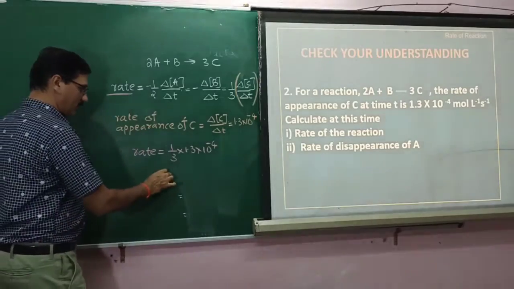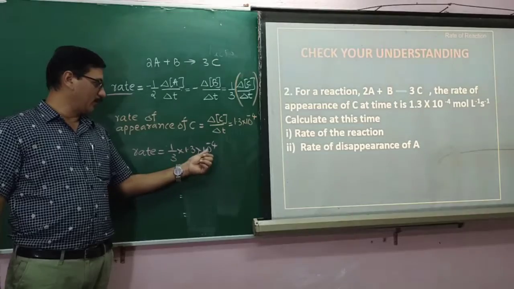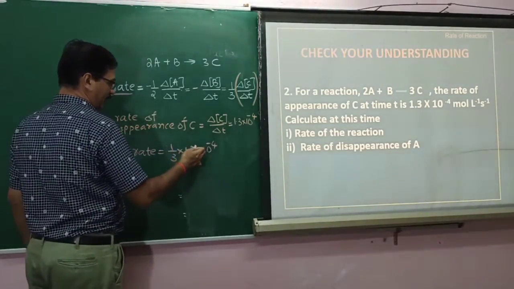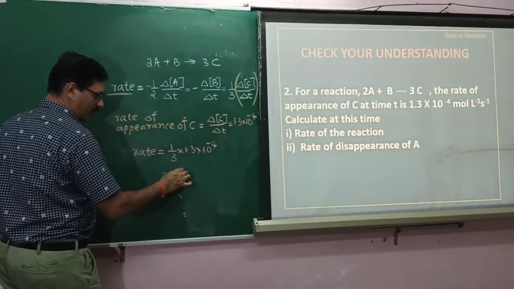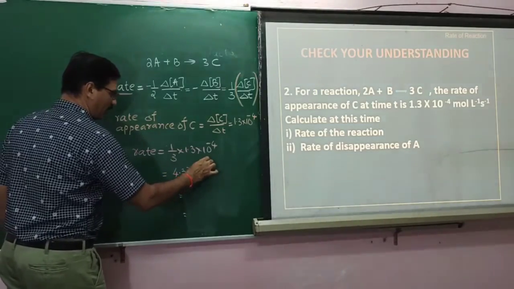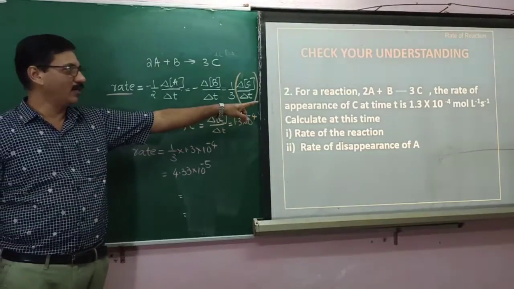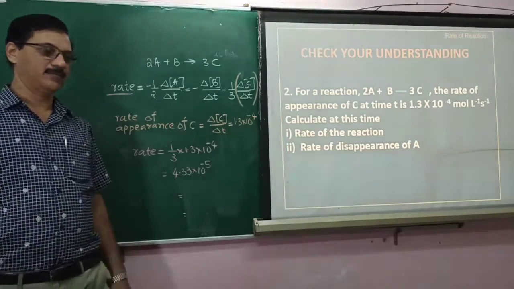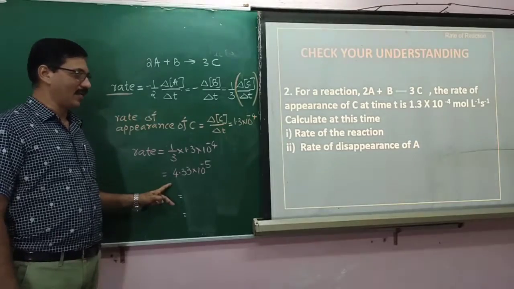Now this is 13 into 10 to the power minus 5 divided by 3. 13 by 3 is 4.33 into 10 to the power minus 5. So what is the unit? The unit should be the same unit which is expressed there, moles per liter per second. This is the rate of the reaction.